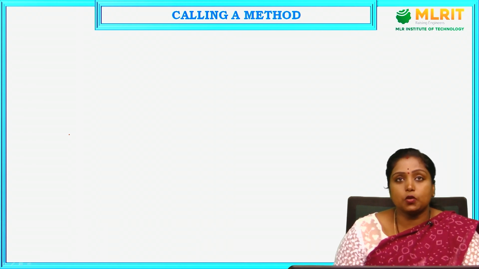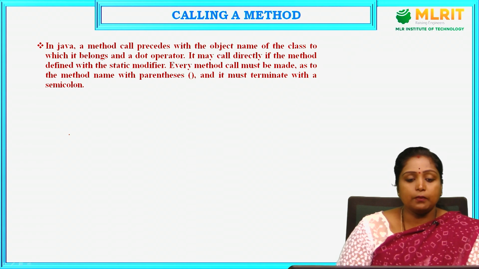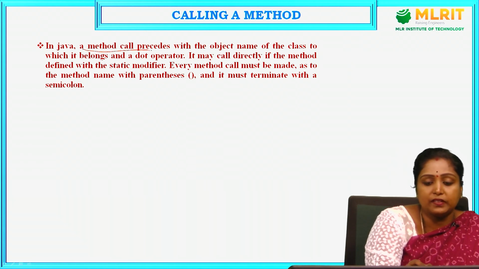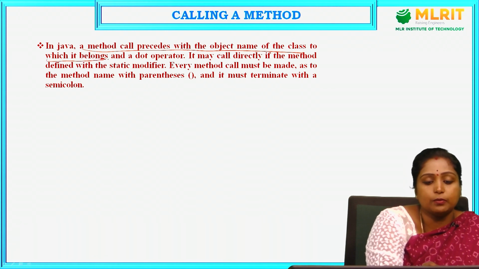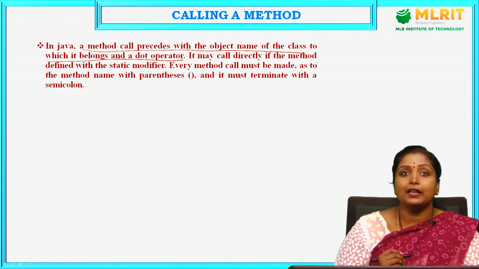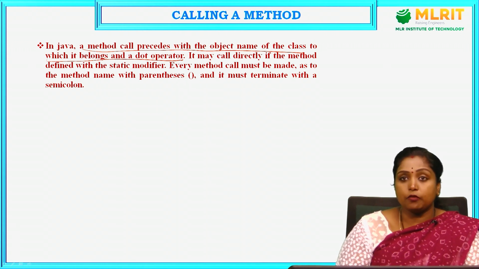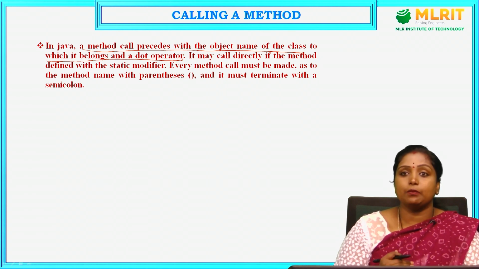How are you going to call a particular method? In Java, a method call is preceded by the object name of the class it belongs to, followed by the dot operator, followed by the method name. So you cannot call the method directly.